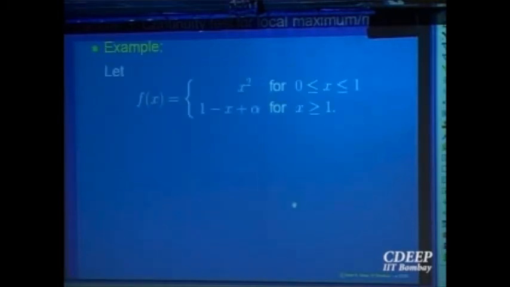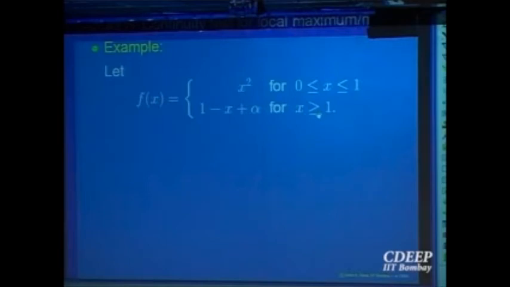So let us take a simple example to illustrate. Let us look at the function f(x) equal to x square if x is between 0 and 1, and we put the value 1 minus x plus alpha for x bigger than or equal to 1. So what should happen? x square on the left of 1. What can you say about the function? Is it increasing or decreasing, x square?